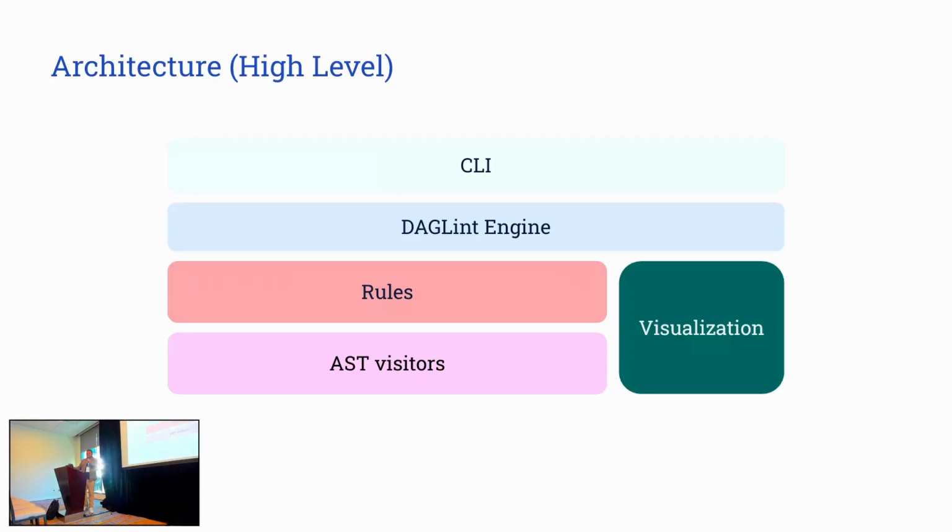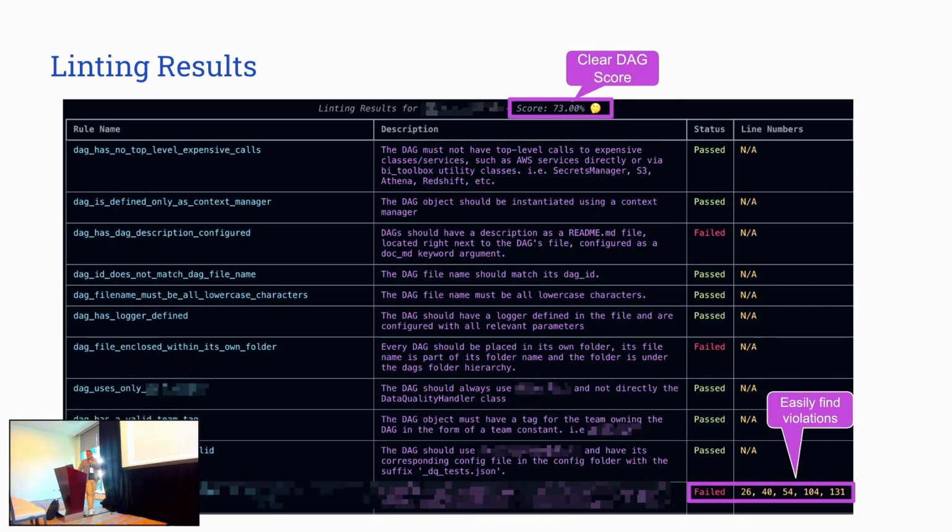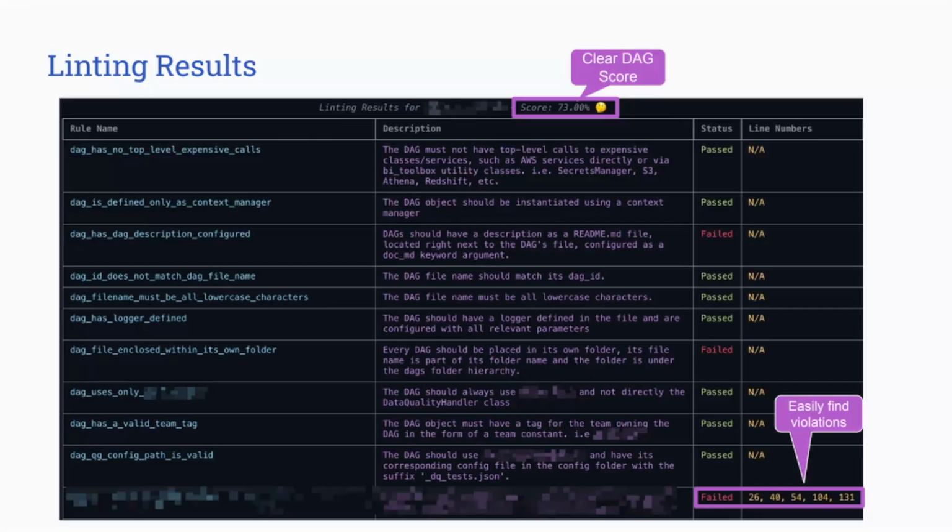So once we have the AST out of the way, we can discuss how it is visualized and what the output is for the developer. The first thing he will see in his terminal is the score for the DAG. He can immediately see that his DAG is not matching the standards. He's only got 73%. He has a table with all the different rules we have set, and whether it passed them or not.